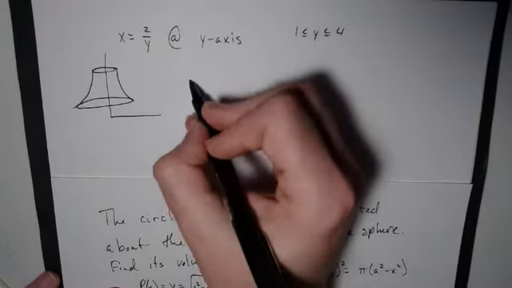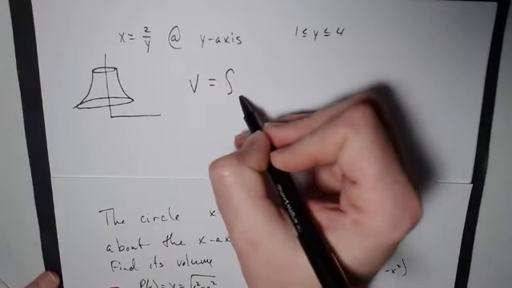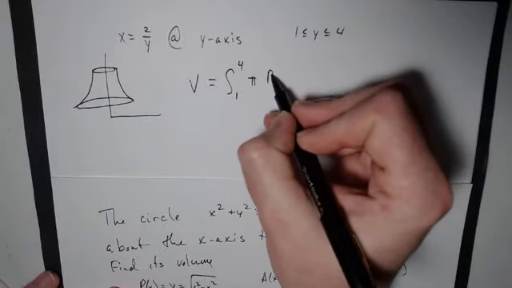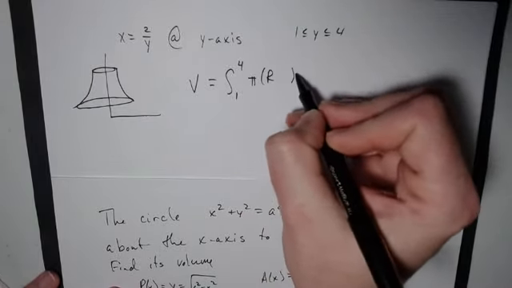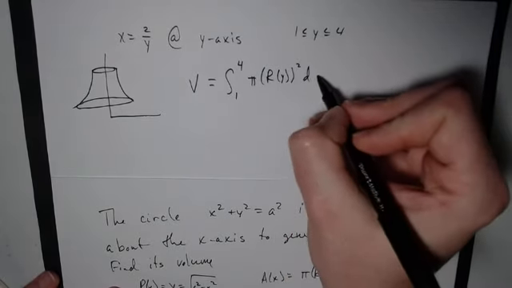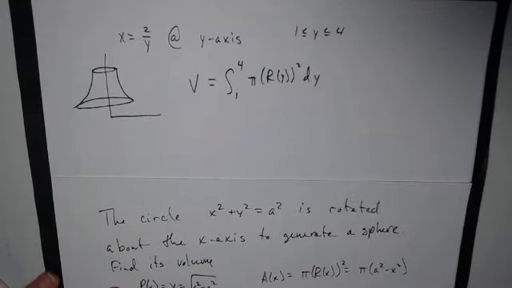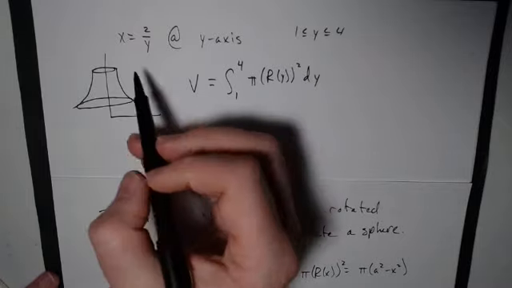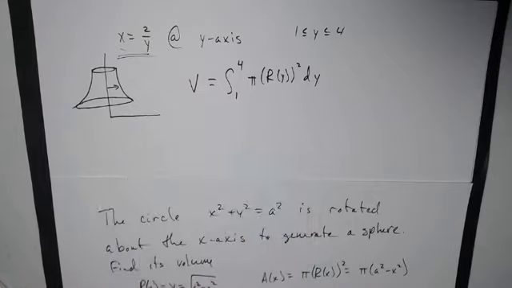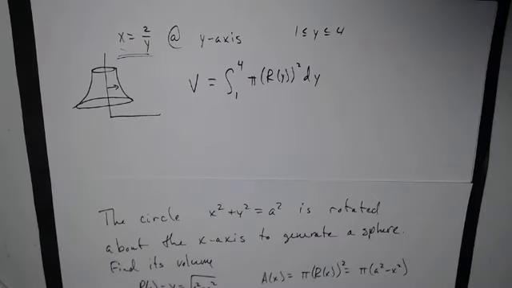So this volume is the integral now as y goes from 1 to 4, and it's still pi times my radius squared, but my radius is now a function of y instead of x, and I want to integrate with respect to y. So my radius is just this distance, which was already given to me because it's my x distance to the curve.